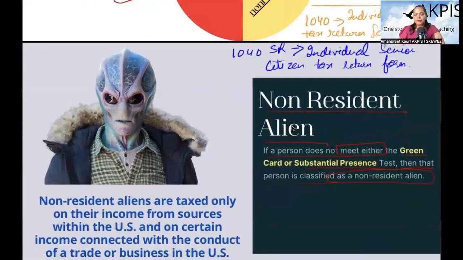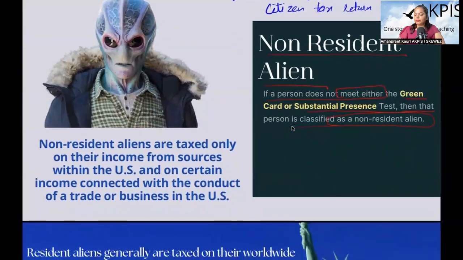But before we proceed towards that part, let me have one more discussion with you. US citizens and those who are resident aliens are supposed to pay their taxes on their entire worldwide income and need to file their income tax returns with the IRS. But what about the persons who are not resident aliens? And who are those persons actually, who do not meet the green card test of the United States of America?